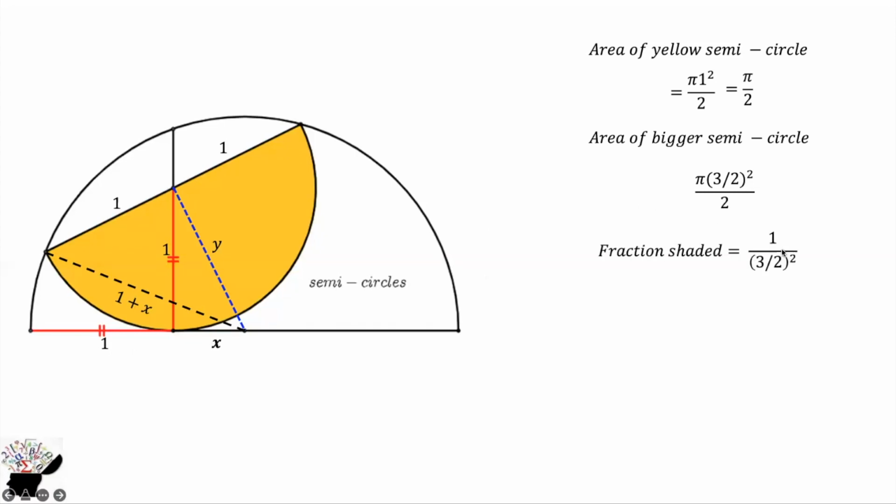So we are going to get 1 divided by pi times (3 over 2) squared, right? Because when we divide to get the fraction shaded, the pi will cancel itself, and we are going to get 1 divided by (3 over 2) all squared. Now the fraction shaded will be 4 over 9. And that is the answer.